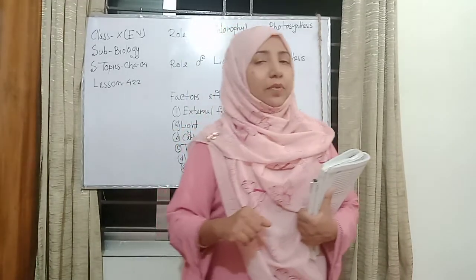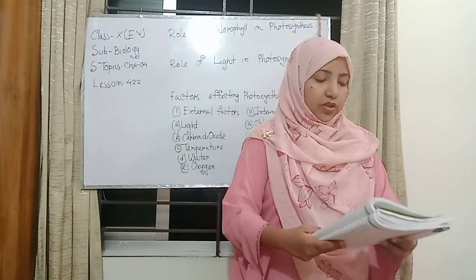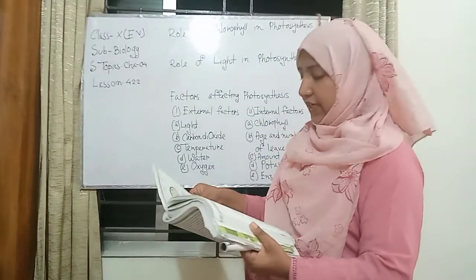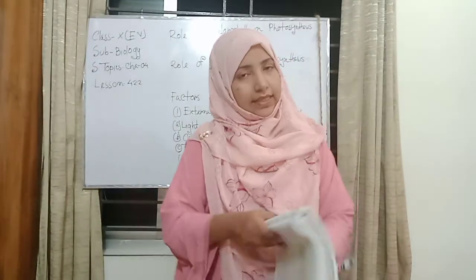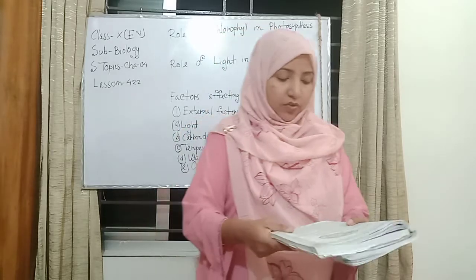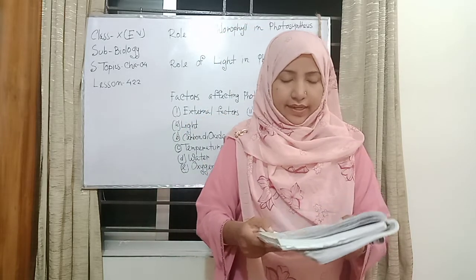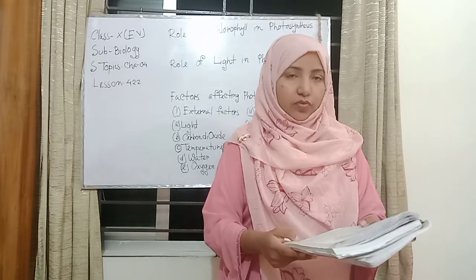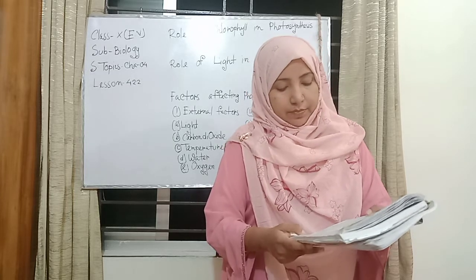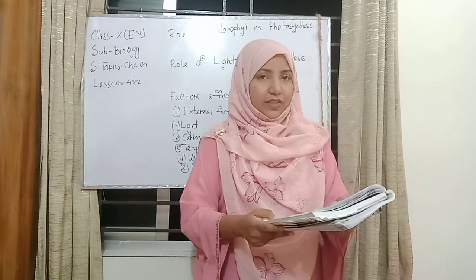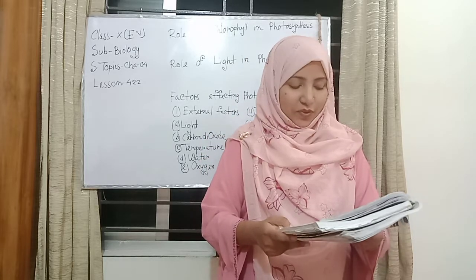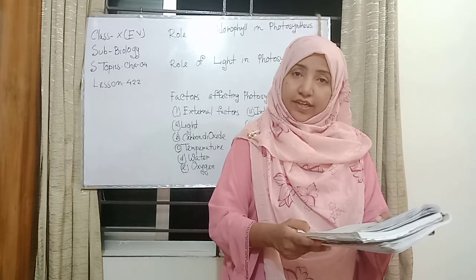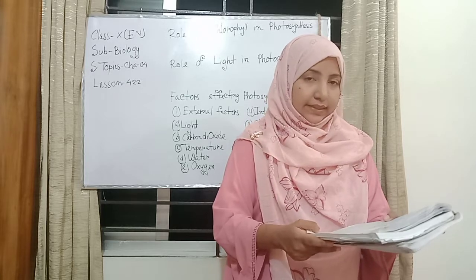Now please everyone open the books. Here we explain the first structure, the role of chlorophyll in photosynthesis. There is a direct relationship between the rate of photosynthesis and the amount of chlorophyll in the leaves, because only chlorophyll can capture solar energy. We also know the old chloroplasts are disintegrated and then new chloroplasts are synthesized.